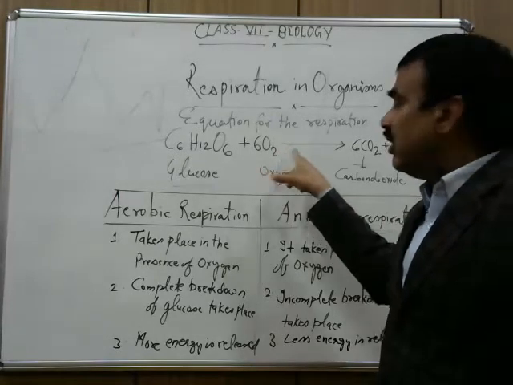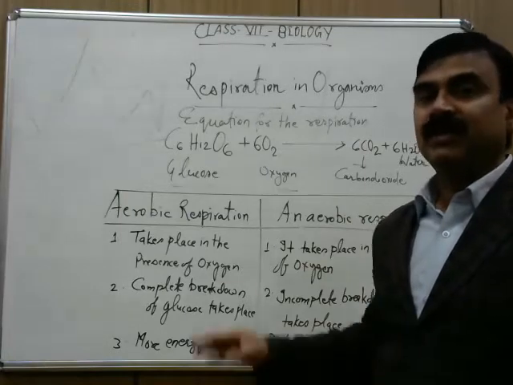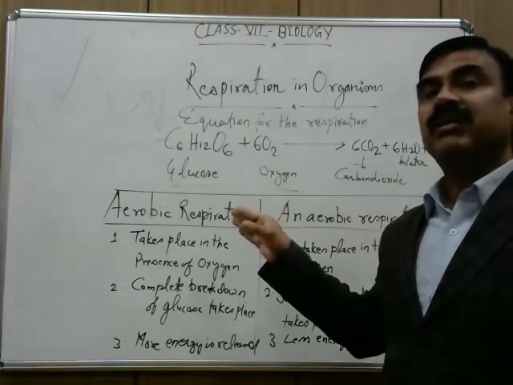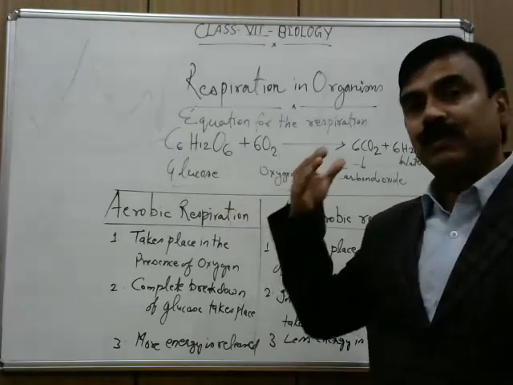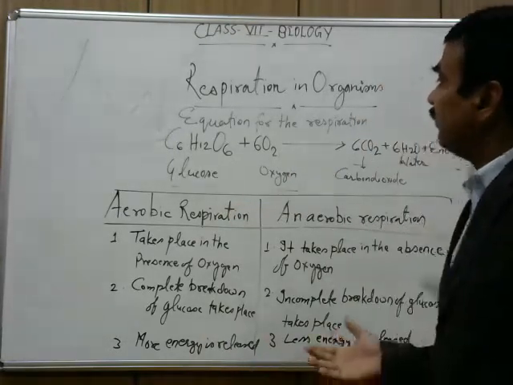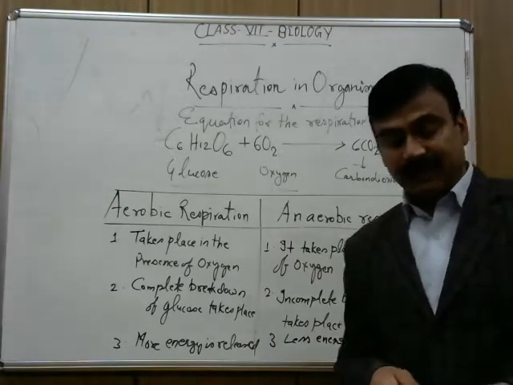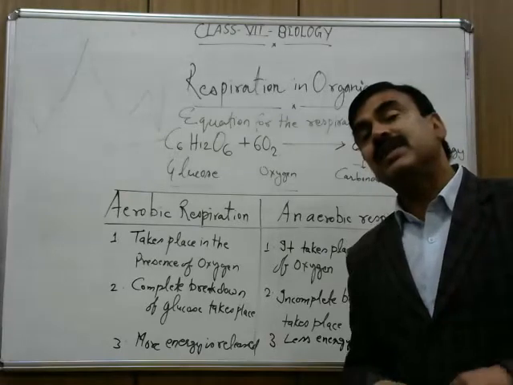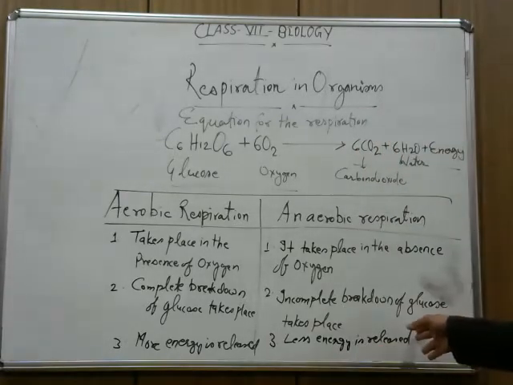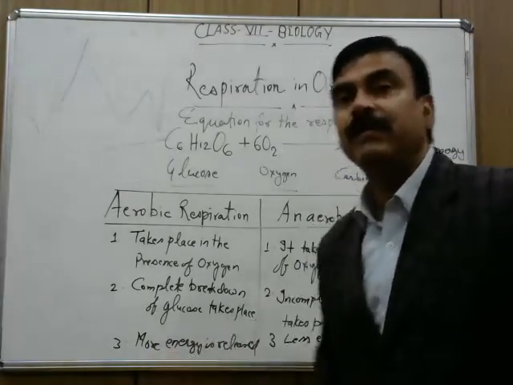When the respiration takes place without oxygen, it is called anaerobic respiration. And what will be the result? In anaerobic respiration, less energy is obtained, and here more energy is obtained.